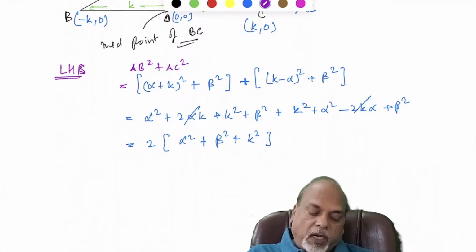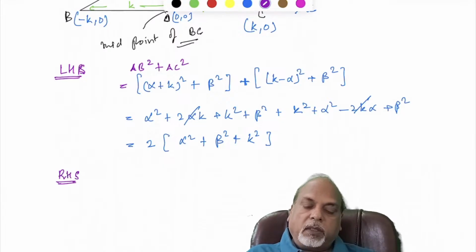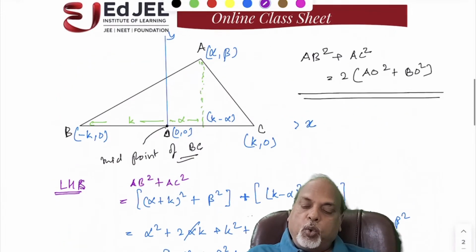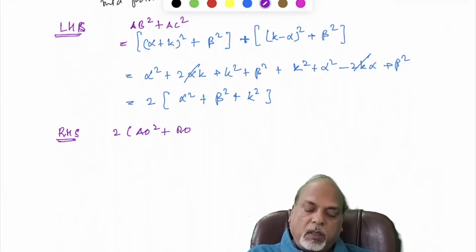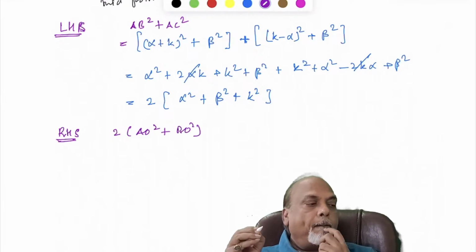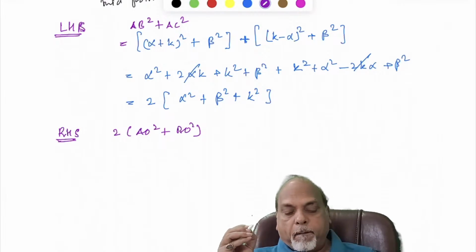Let us see what is right hand side. Right hand side is basically 2 AO square plus BO square. Correct?